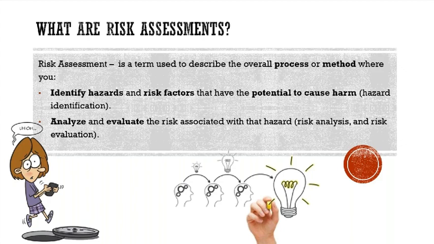And this is what we call site-specific risk assessments. The second thing we want to do once we've identified these hazards is now to analyze and evaluate the risks that are associated with these hazards. And this is what we call risk analysis or risk evaluation.